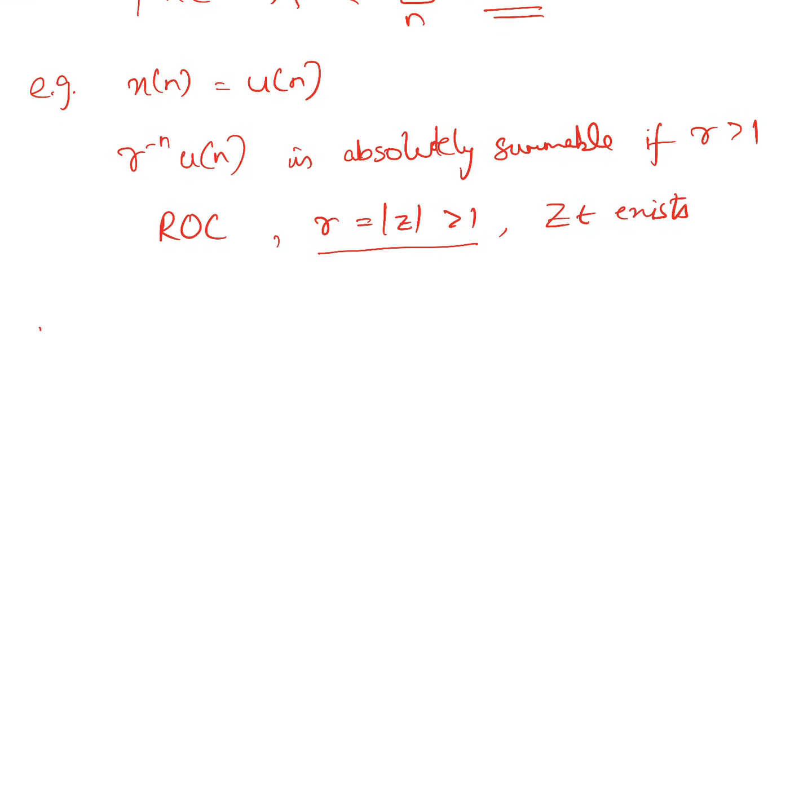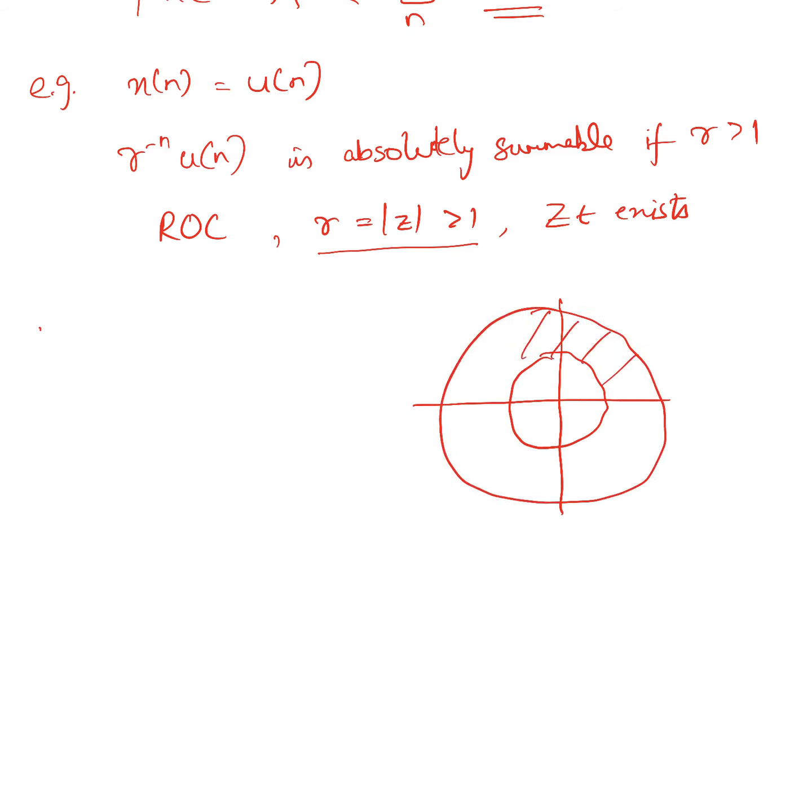But if you have a certain region of convergence, let's say this region on the complex Z plane, and this is the unit circle, and this is your ROC for some sequence, then we see that the unit circle is included in the ROC, and we can compute the Fourier transform of that sequence also.